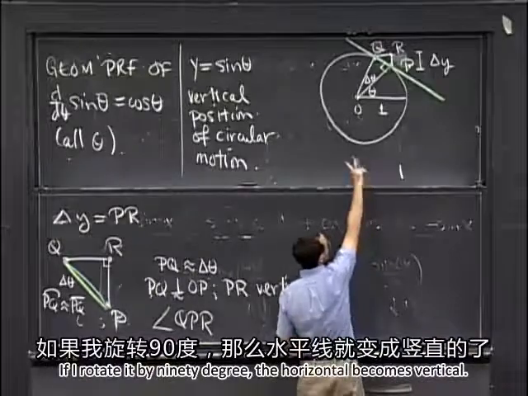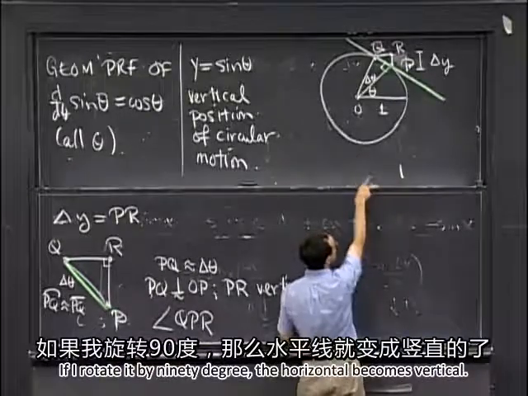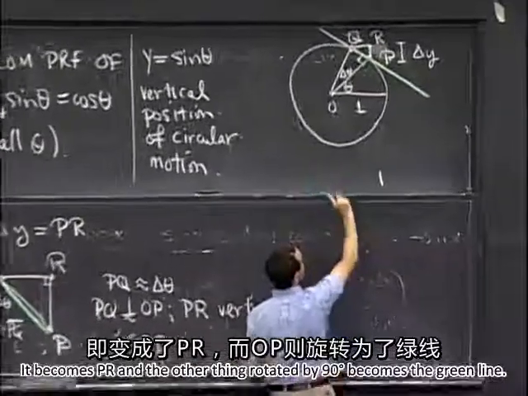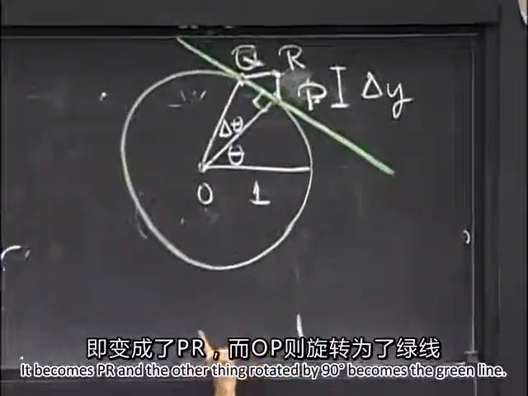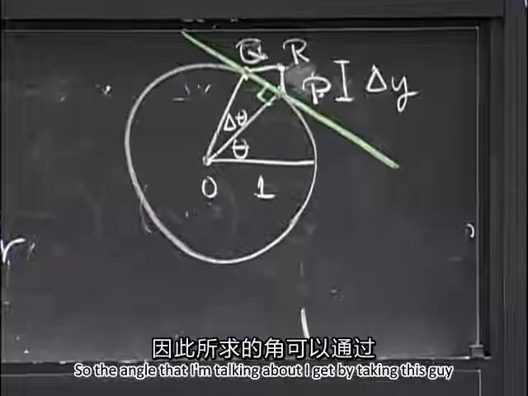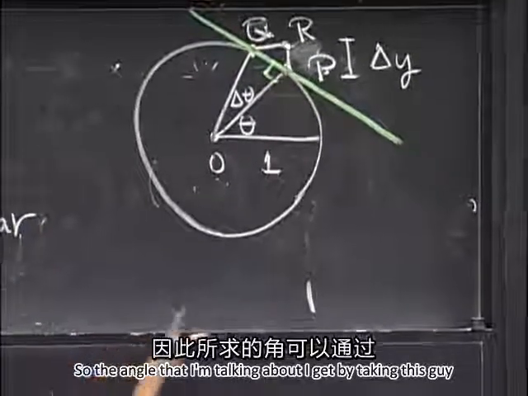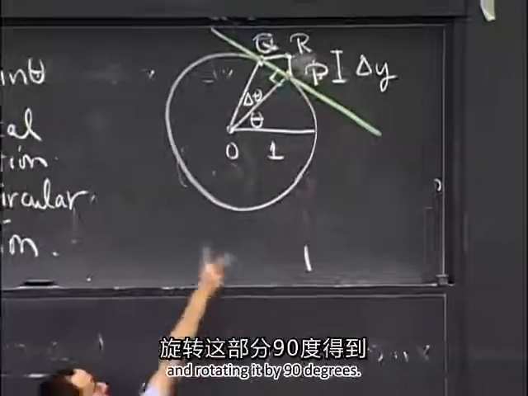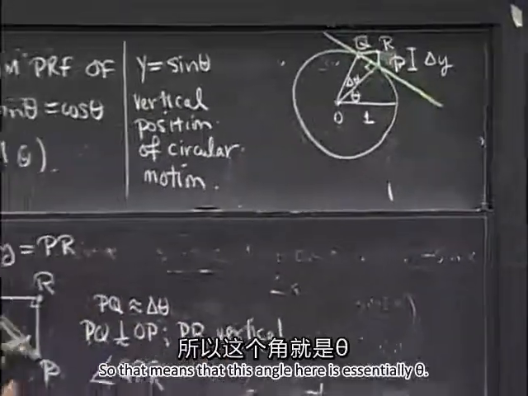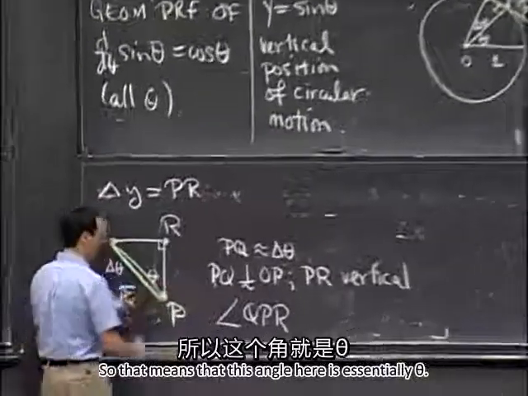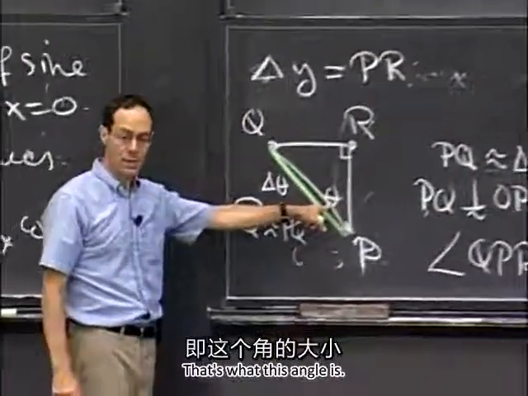If I rotate it by 90 degrees, the horizontal becomes vertical, it becomes PR, and the other thing rotated by 90 degrees becomes the green line. So the angle that I'm talking about, I get by taking this guy and rotating it by 90 degrees. It's the same angle. So that means that this angle here is essentially theta. That's what this angle is.